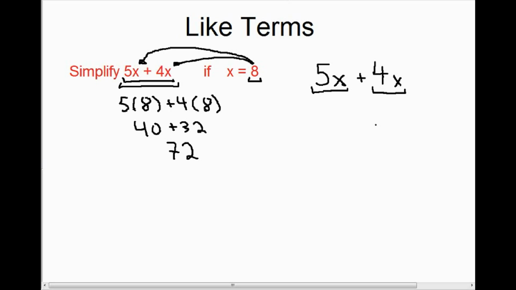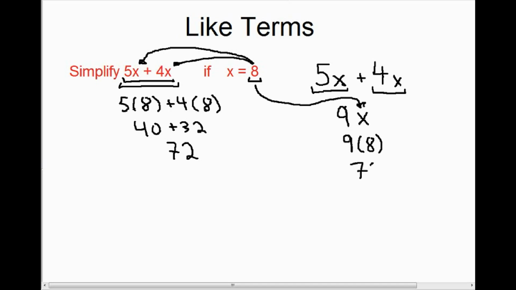And if we add 5x's plus 4x's, altogether we would have 9x's. Now, if we take our value of x and substitute that into our expression here, we now get 9 times 8, which is 72. So we do get the same answer.